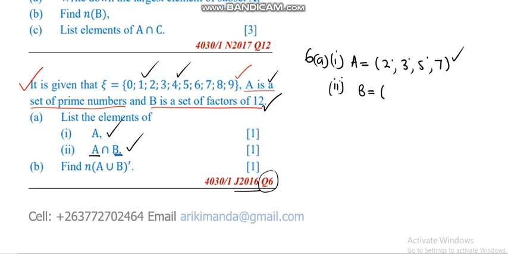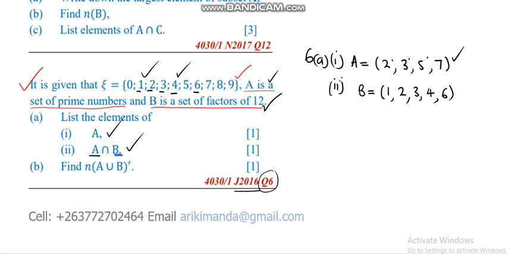What are the numbers that can get into 12 without leaving a remainder? We have 1, 2, 3, 4, and 6. These are the factors of 12.